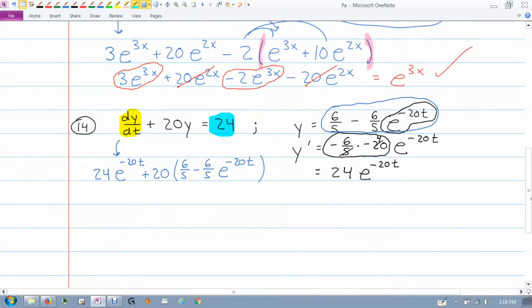So let's see what happens. Distribute: 24e^(-20t) + 20 times 6/5 gives us 24, and 20 times negative 6/5 gives negative 24e^(-20t). This term and this term cancel, and we're just left with 24, which checks out.